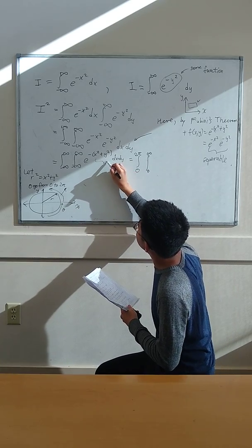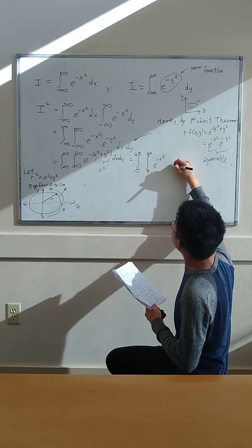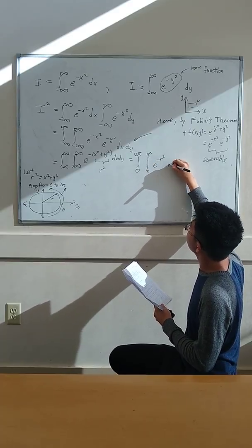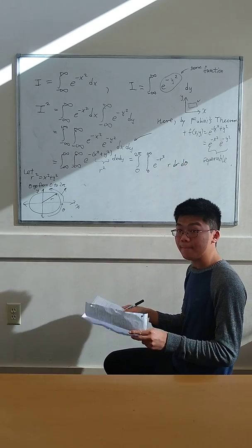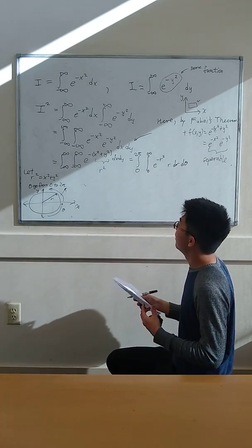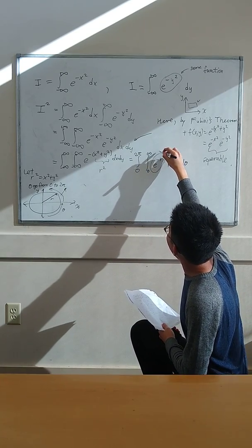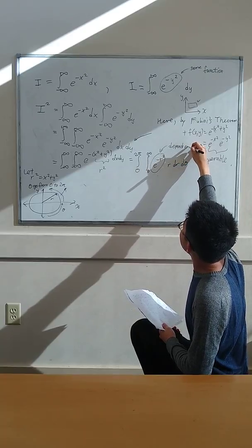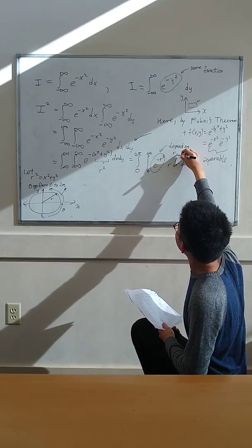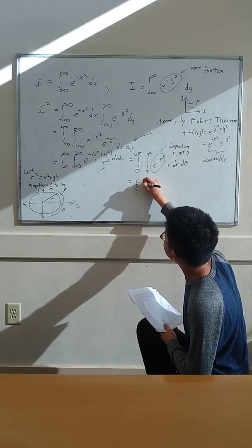And this becomes negative r squared. So now we have e to the negative r squared r dr d theta. What we're going to do now is, this depends on r only, so I'm going to move the integral out.